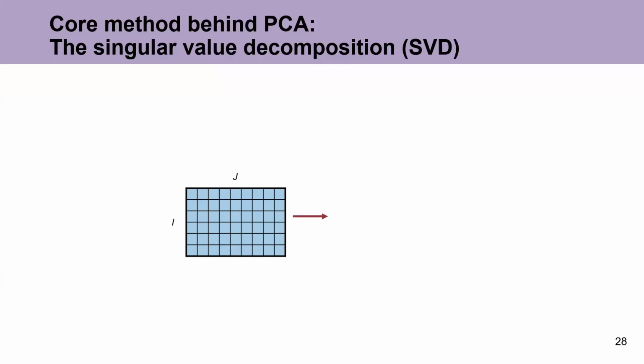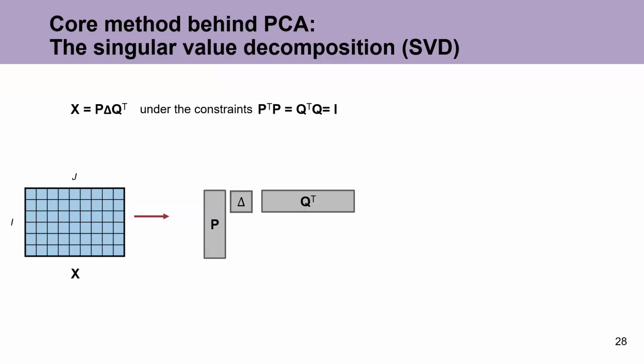So what SVD does is that equation, basically. And that's the only equation behind everything, PCA and PLS. What it does is it decomposes my original data matrix X into three different matrices. These three matrices capture different parts of my original data set.